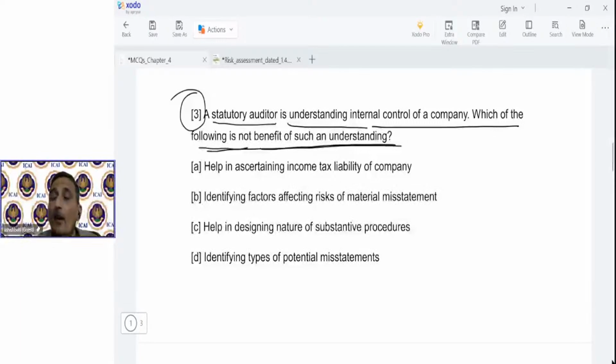Out of 4, 3 options are benefits of understanding internal control, and one is not. Tell me which is not a benefit of understanding internal control. Yes, only Himanshu has given the answer.